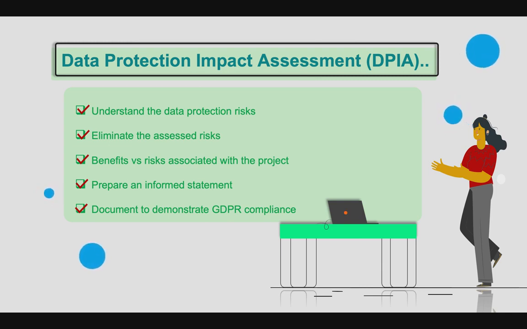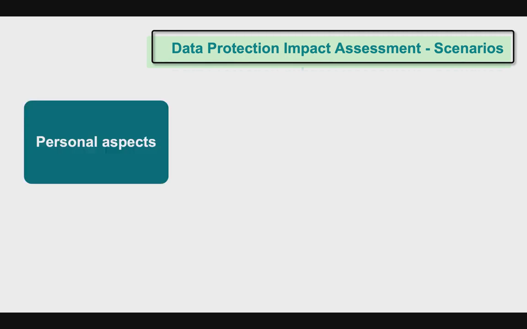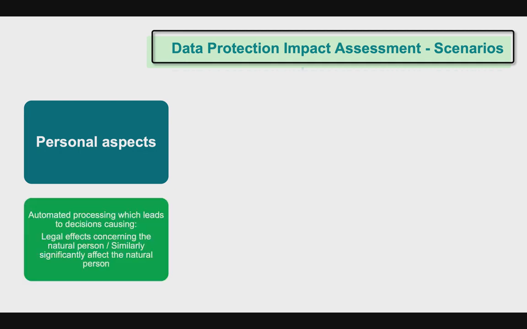Now let's take a look at the special scenarios in which a data protection impact assessment is definitely carried out. Case 1 includes when a systematic and extensive evaluation of personal aspects relating to natural persons is done. This could be done based on automated processing, including profiling, and the decisions of which produce legal effects on the natural person or in the same way significantly affect the natural person.